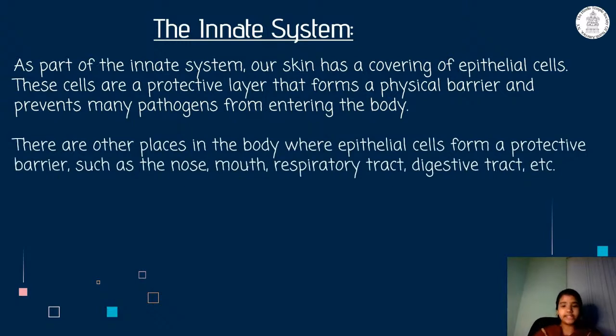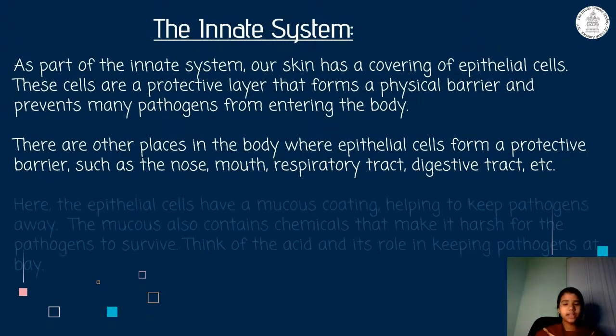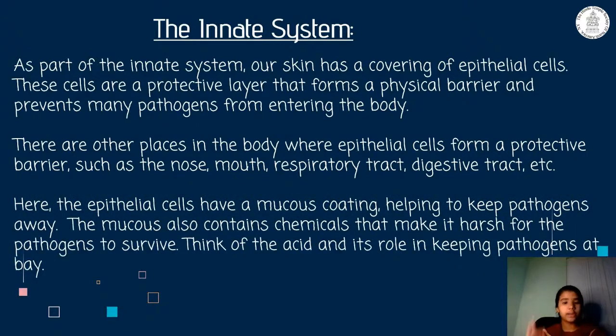There are other places in the body where epithelial cells form a protective barrier, such as the nose, the mouth, the respiratory tract, the digestive tract, etc. Here, the epithelial cells have a mucus coating, helping to keep the pathogens away. The mucus also contains chemicals that make it harsh for the pathogens to survive. Think of the acid and its role in keeping pathogens at bay.